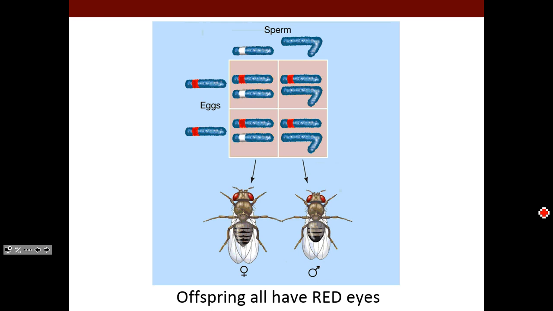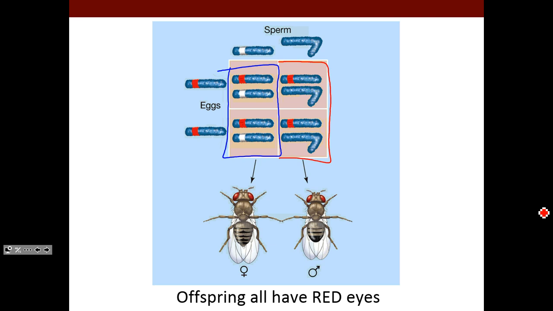Okay. So if we look at a cross for this individual, if we cross the recessive white-eyed allele and the Y chromosome with our 2 dominant X chromosomes, we find that all of the XX offspring here will be heterozygous, and all of the XY offspring will have red eyes, the dominant trait.